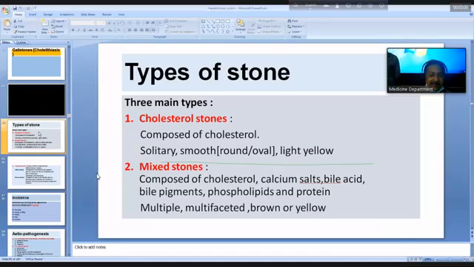But the second type is the mixed stone. That is, in addition to cholesterol, other components are also present. It is composed of cholesterol, calcium salt, bile acid, bile pigment, phospholipid, and protein.